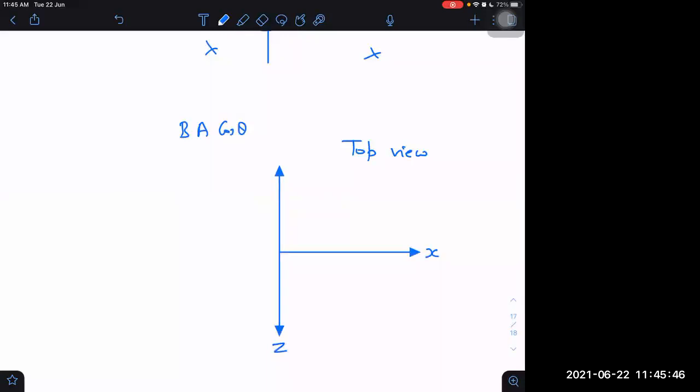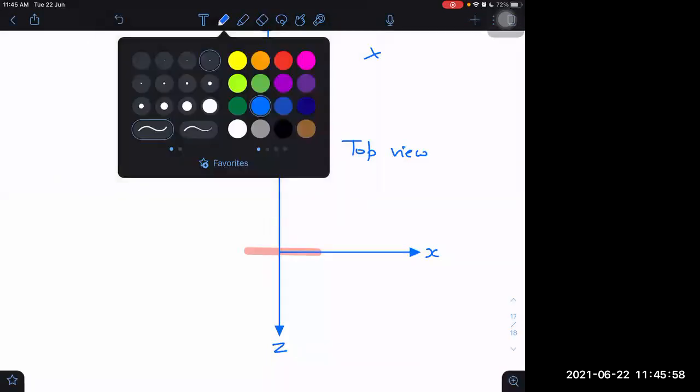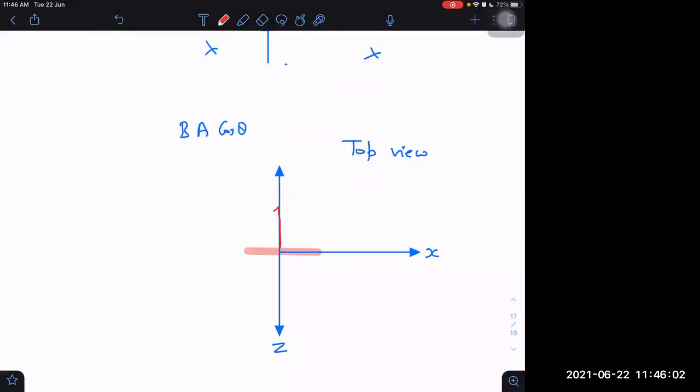So now, if I look from the top view, what do I see? A line. Very nice. This line will be of width 2r. In this line, what will be the direction of the area vector? Along z or minus z, that doesn't matter.